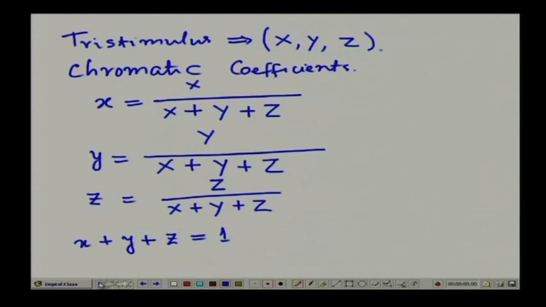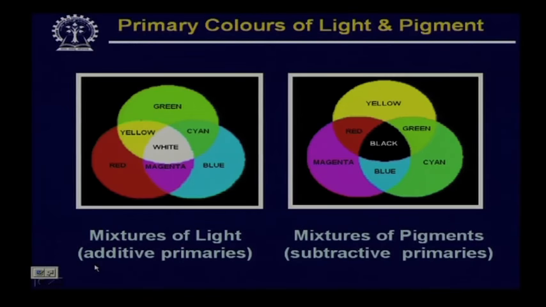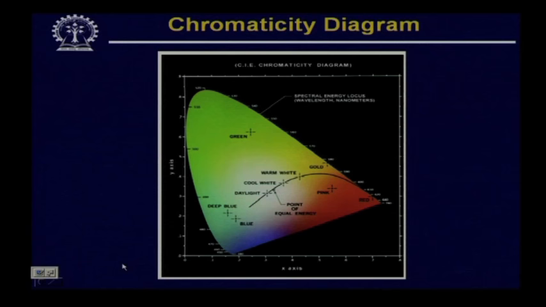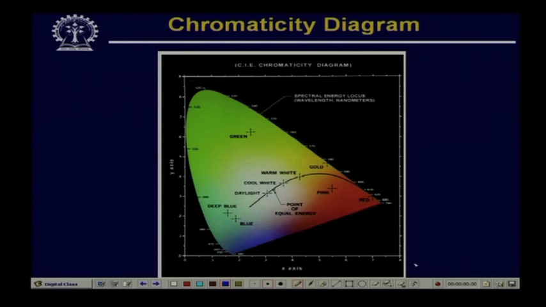So, let us see what is this chromaticity diagram. Here we have shown this chromaticity diagram, and you find that it is a color diagram in a two dimensional space. We have the horizontal axis, which represents the lowercase x, and the vertical axis, which represents the lowercase y.